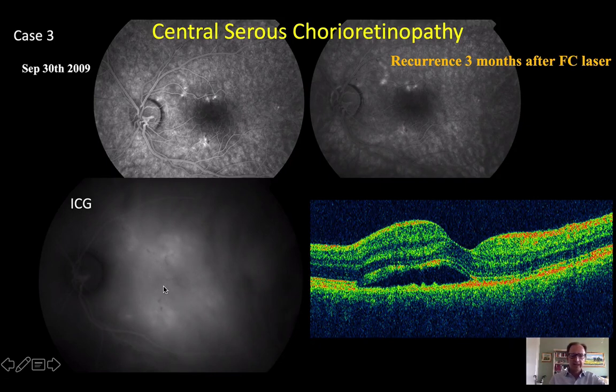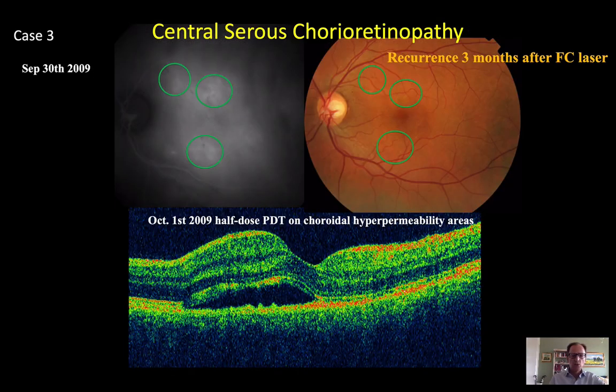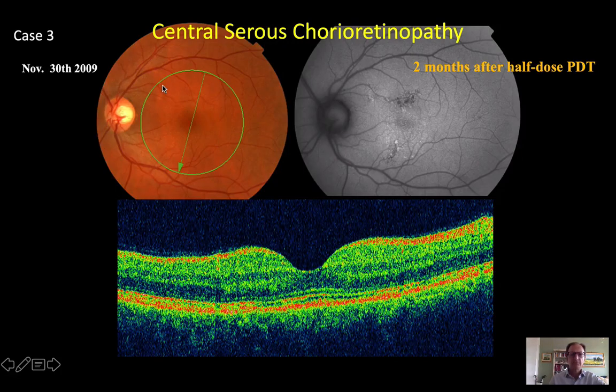So at this time, our choice was to treat this patient with half-dose photodynamic therapy directed on the areas of hyperpermeability of the choroid guided by the indocyanine green angiography. And 2 months after half-dose PDT, fluid was completely resolved.